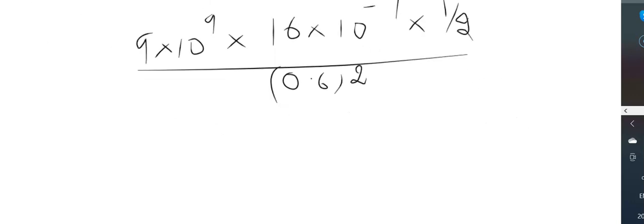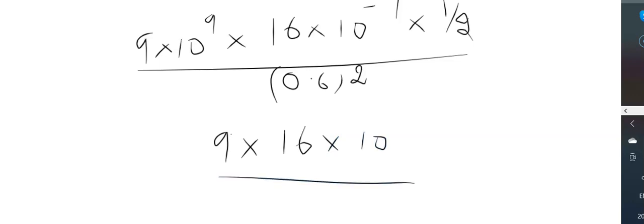Let us take this as 9 into 16 into 10 to the power of minus 9 and plus 9 will get cancelled, and this is now going to be 2 into 0.36.